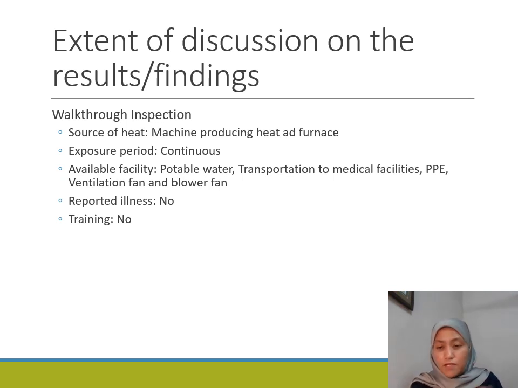They have the information on the exposure period, which is continuous, and the available facilities. From the results, there is potable water, transportation to a medical facility, PPE, a ventilation fan, and a blower fan. How about reported illness and training? At the moment there is no reported illness, and no training has been conducted yet.